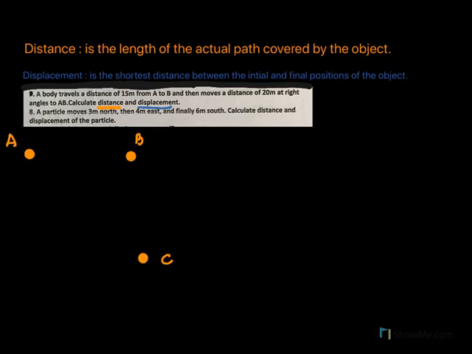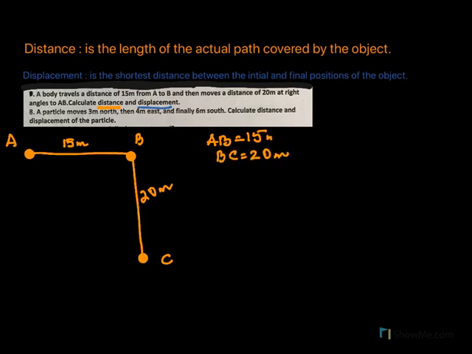To find the distance, we know it is the actual path covered by the body. So from A, we go to B, which is 15 meters. So we have AB, which is 15 meters. Then from B, the body goes to C, which is 20 meters. So BC is 20 meters.